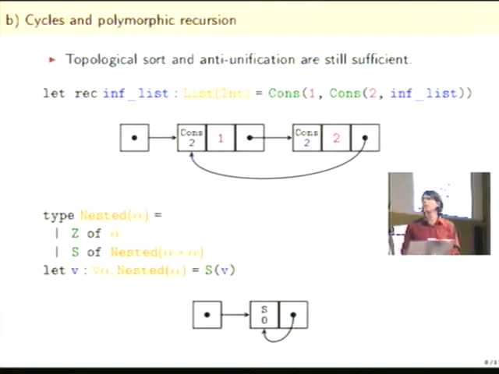If it's not an instance, like in the second example, where we have nested data types, we may once again anti-unify the new expected type with the first expected type and recurse. And this process terminates because each anti-unification step decreases the size of the type.